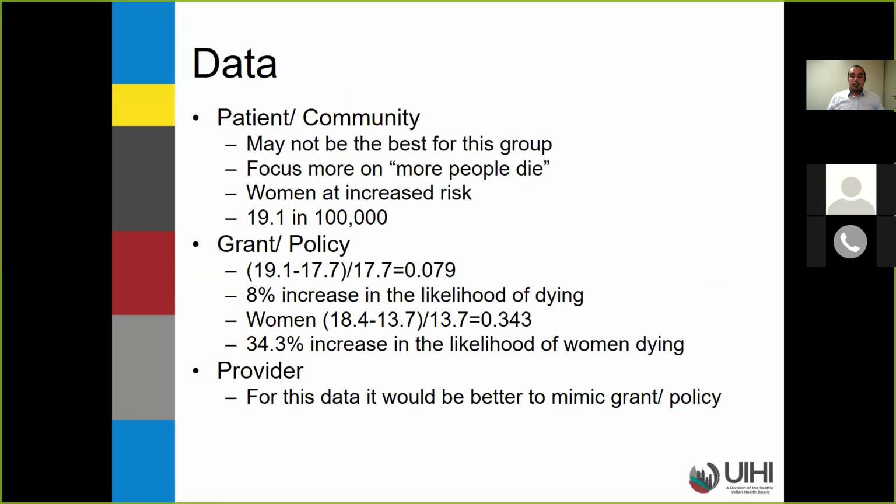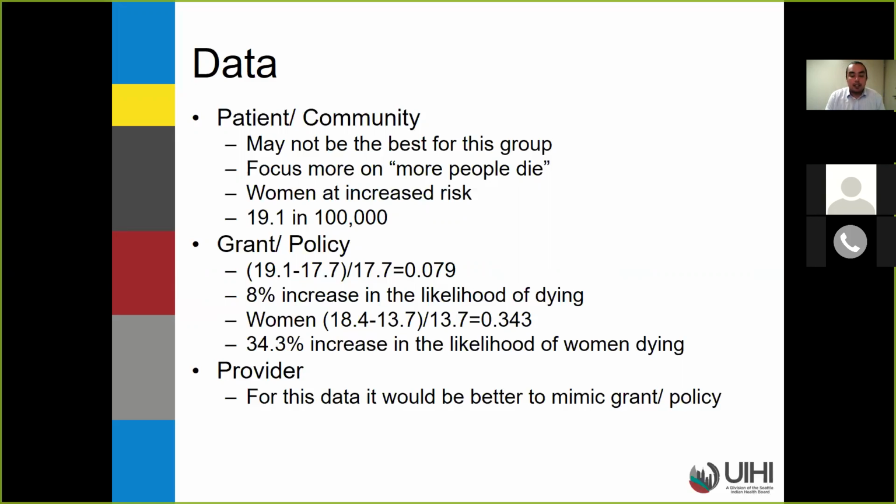Now we're moving into the data presentation. If I were going to present data acquired from this table to a patient or community population, I might go into it very wary. With this group, often what we find is that percent increase or even age-adjusted death rates may be difficult to understand.